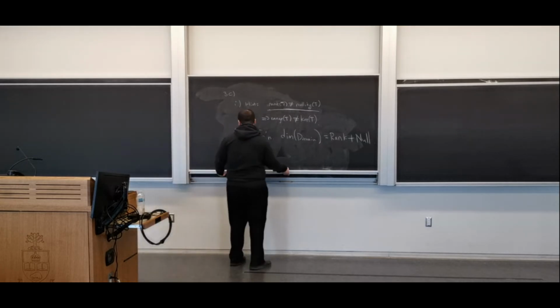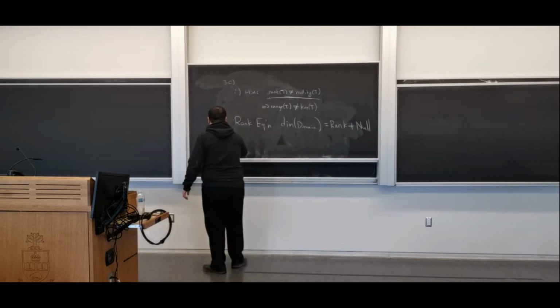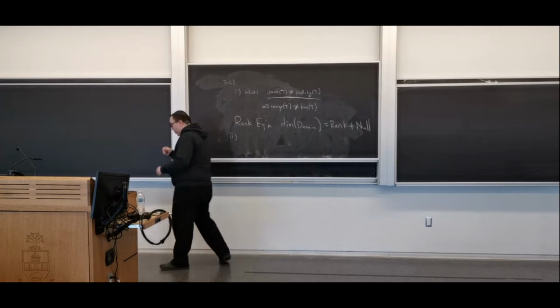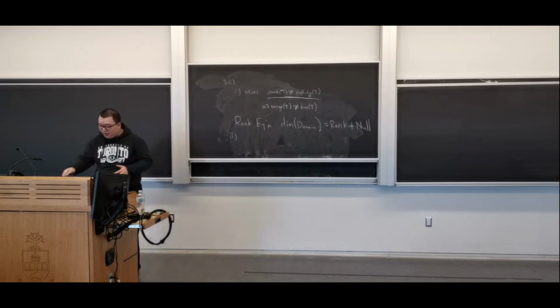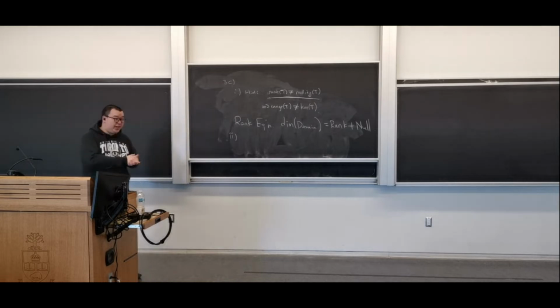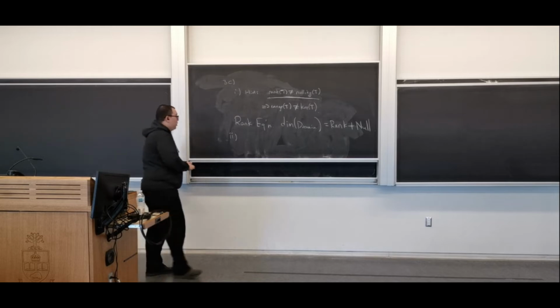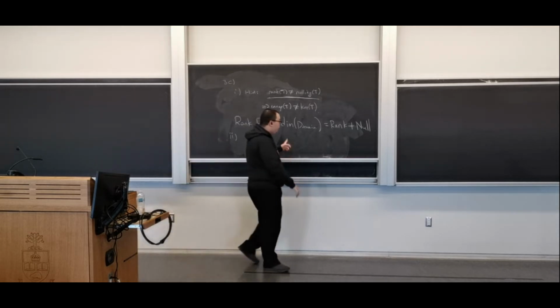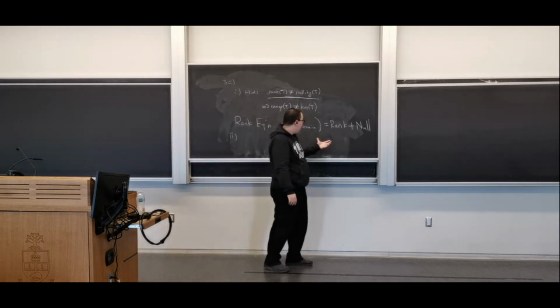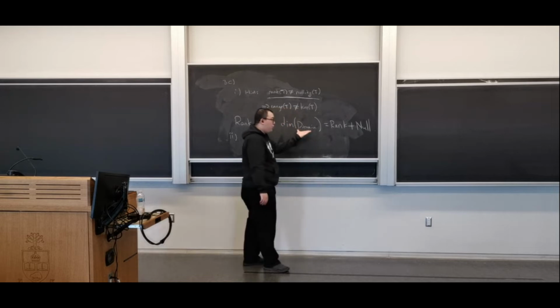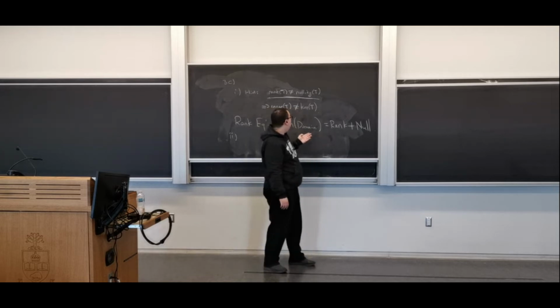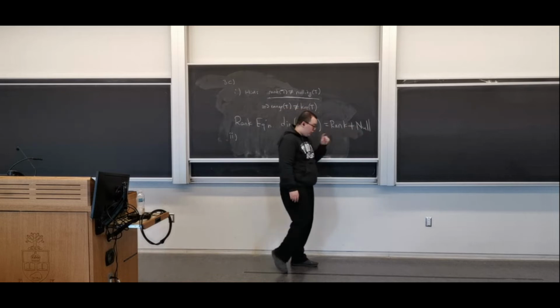And for 2, I don't know why people are having so much trouble with 2. All you have to give me is an example of a linear transformation whose range equals the kernel for R4. Well, from the rank equation, obviously you should be able to tell that the dimension of the domain equals 4, and range has to equal kernel. That means rank and nullity must both be 2, right?